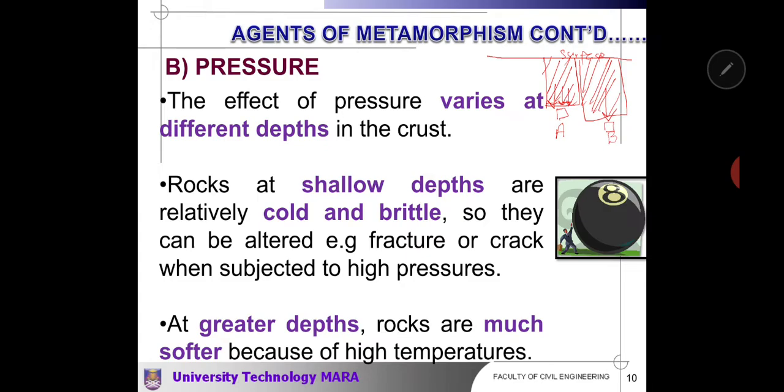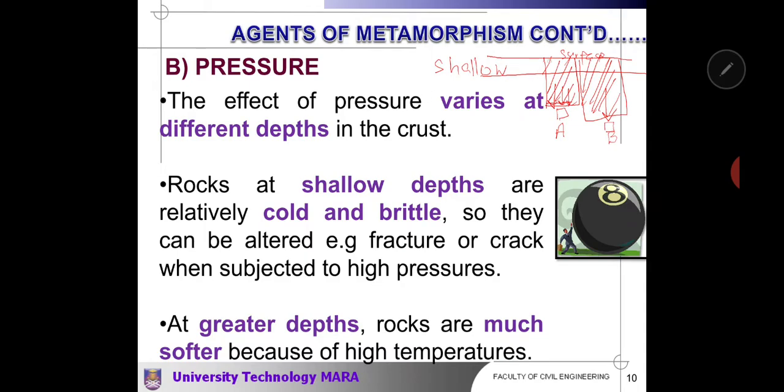At a shallow depth, very near to the earth's surface, the rocks are relatively cold and brittle, so they can be altered, for example fracture or crack, when subjected to high pressure. At greater depth, rocks are much softer because of high temperature.